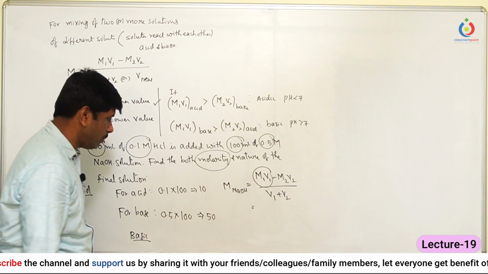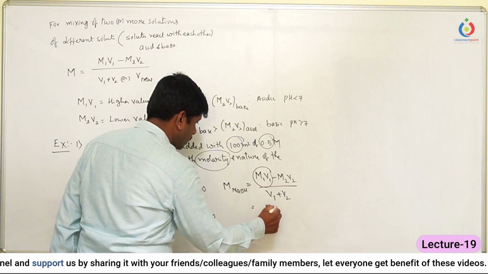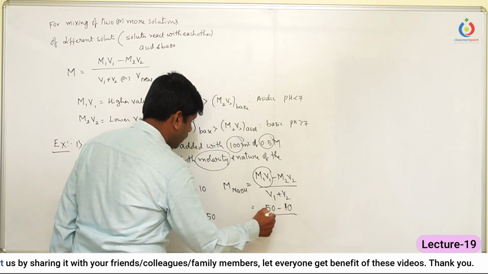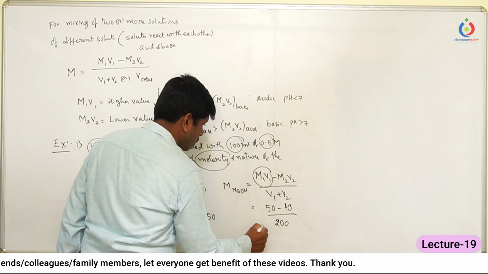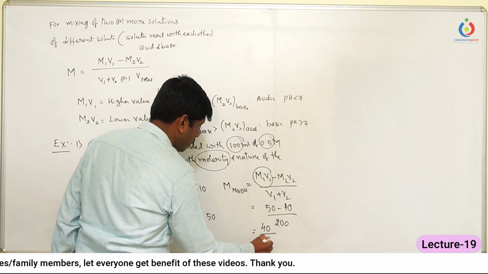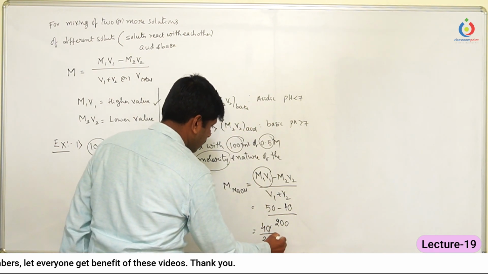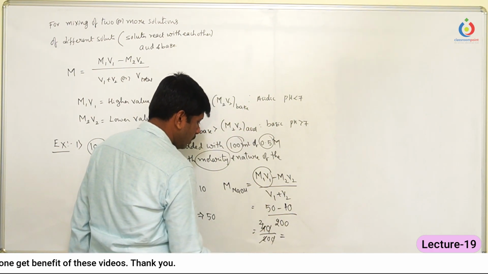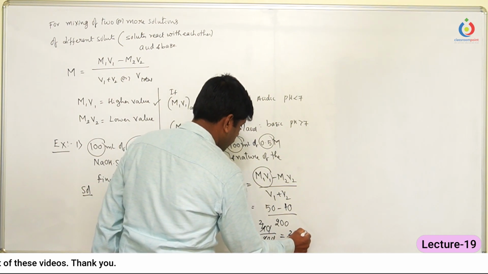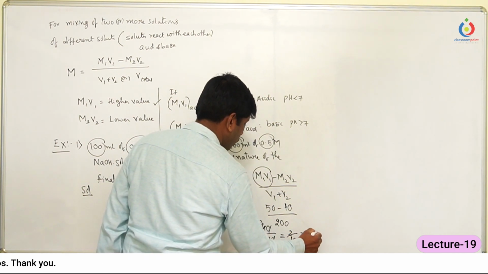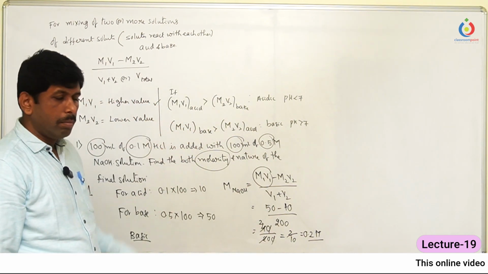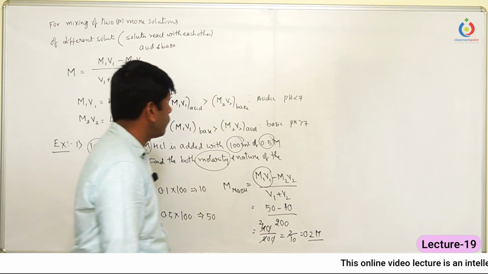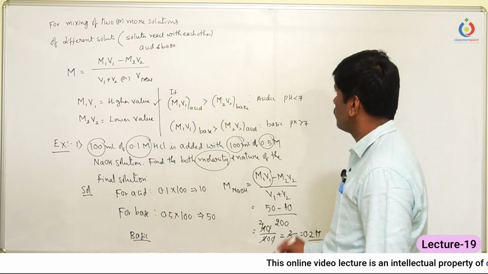So higher value is of the base. So 50 minus 10 divided by V1 plus V2, which equals 200. So this equals 40 by 200, it goes like this. So 2 by 10, that means 0.2 M molarity of the solution.